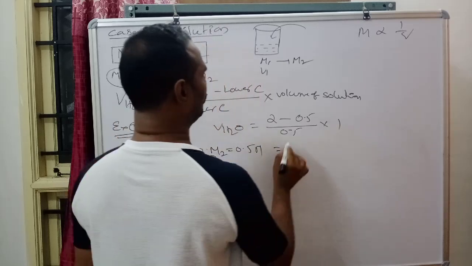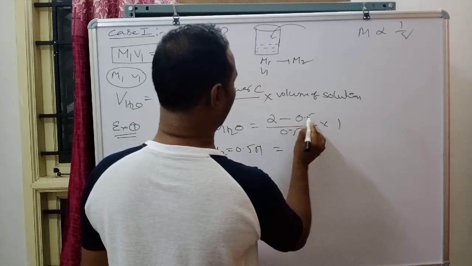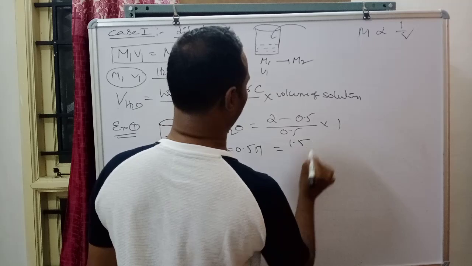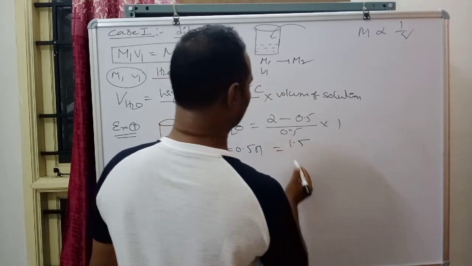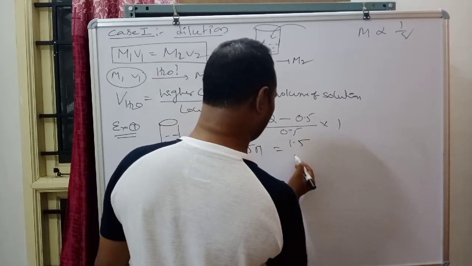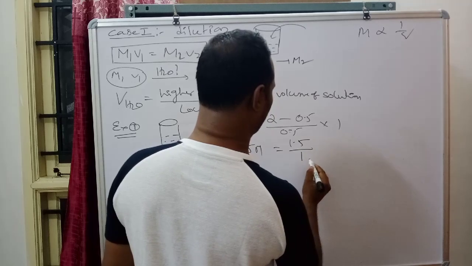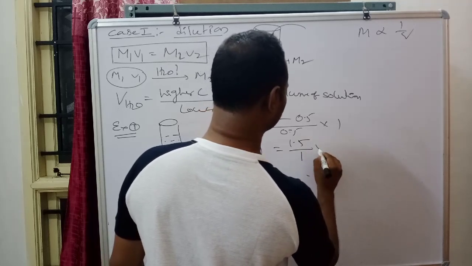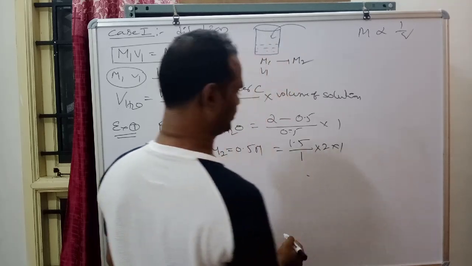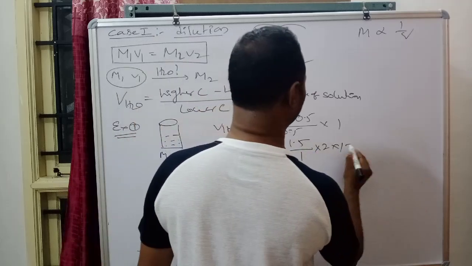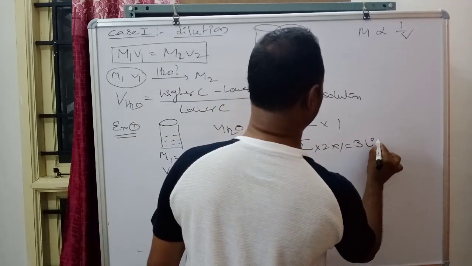So 2 minus 0.5 is 1.5. Is that clear? Dividing by 0.5 means multiplying by 2, so 1.5 into 2 becomes 3 liters.